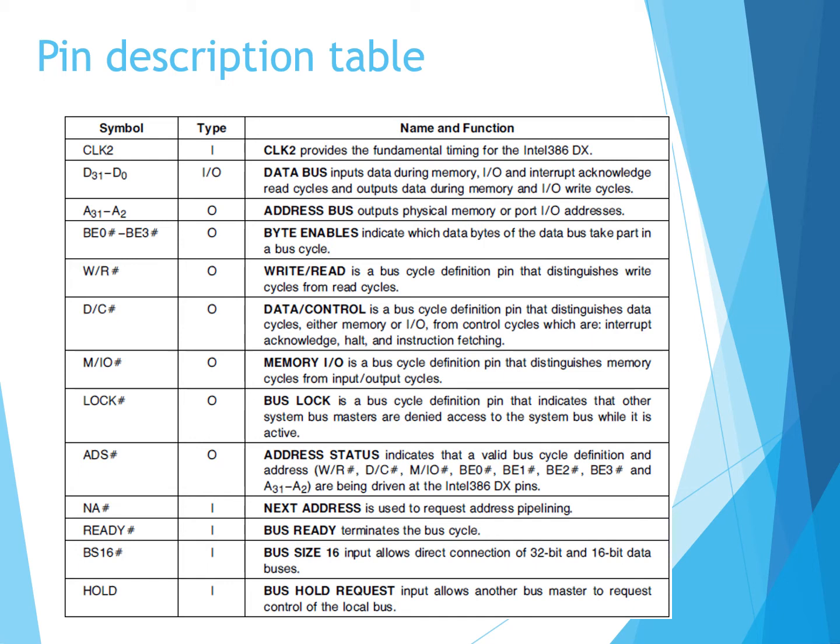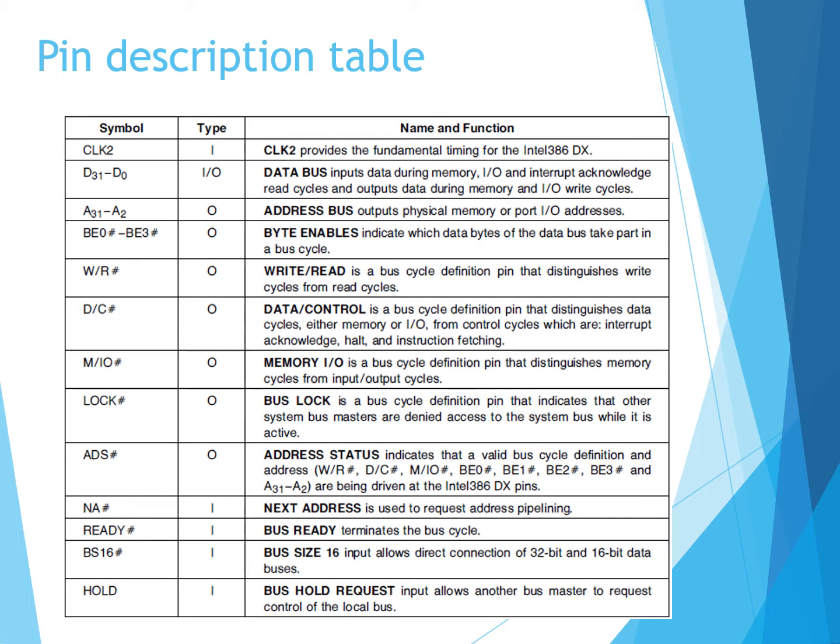Next is M/IO bar, memory or input output. It is used to differentiate a memory cycle from an input output cycle. If M/IO bar is equal to 1, then it is a memory cycle, and if M/IO bar is 0, then it is an input output cycle.